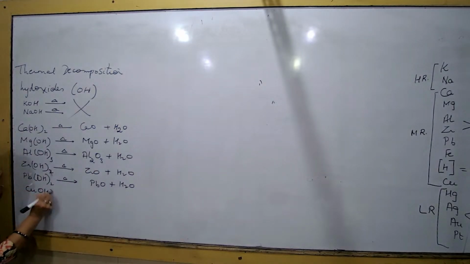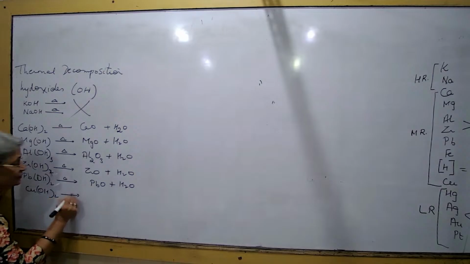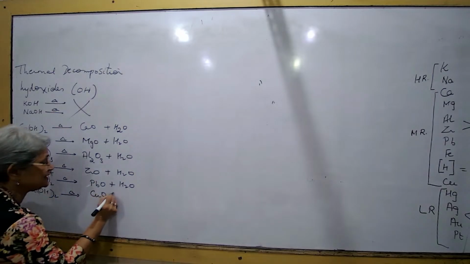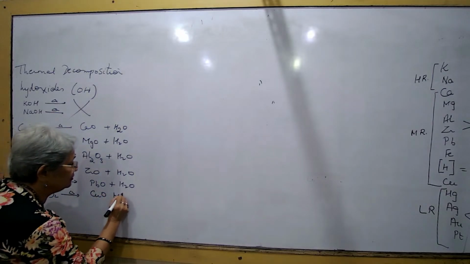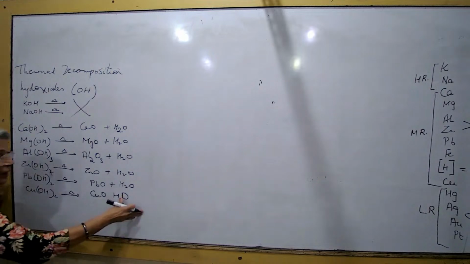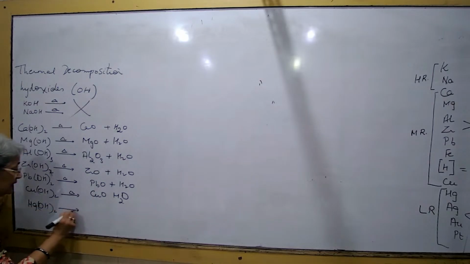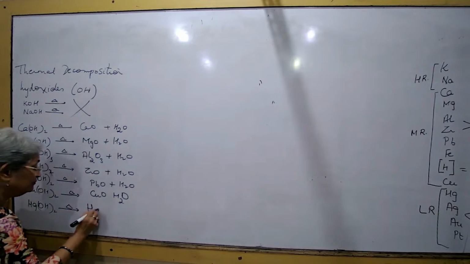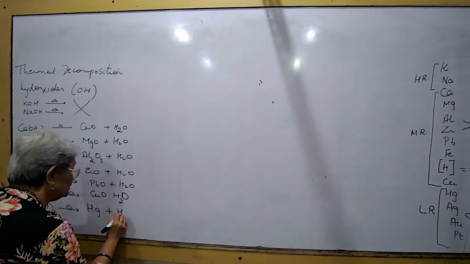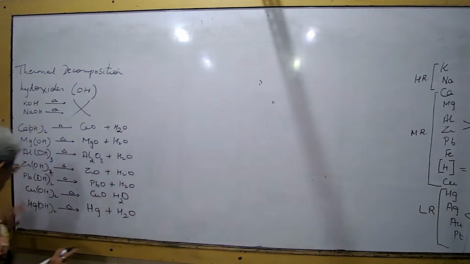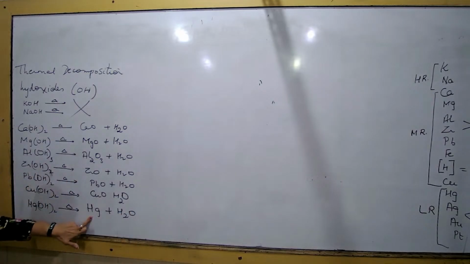Copper hydroxide will give you copper oxide plus water. Now, if you're talking about mercury, mercury hydroxide on heating will give you the metal mercury plus water.